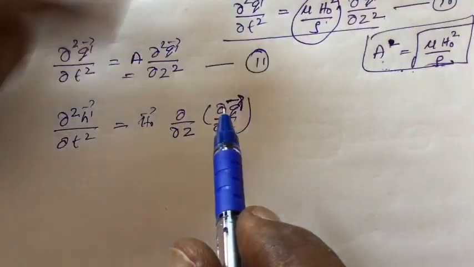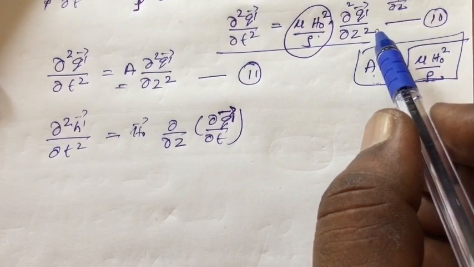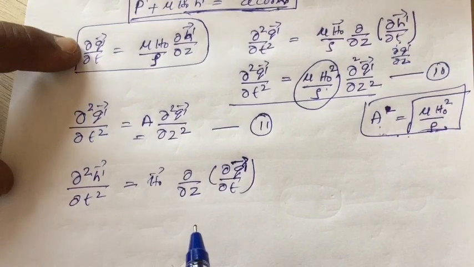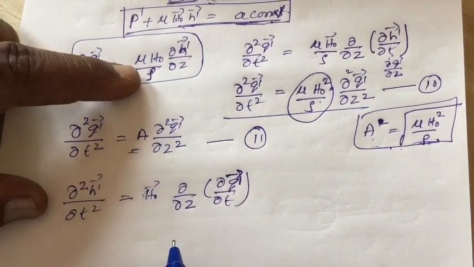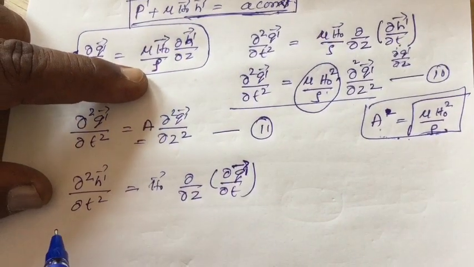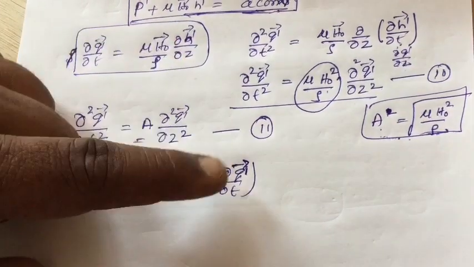But from which equation? This one. From this equation you know what del q dash by del t is. Del q dash by del t is nothing but mu H naught by rho into del h dash by del z. Substitute this equation here.